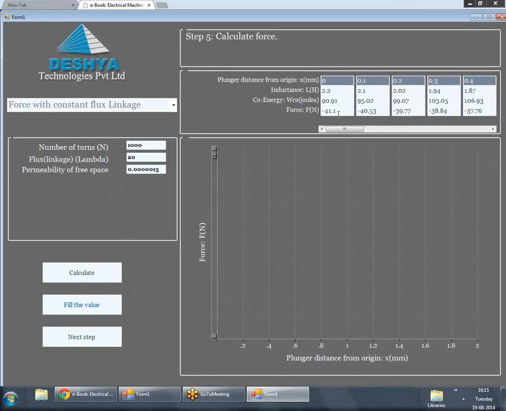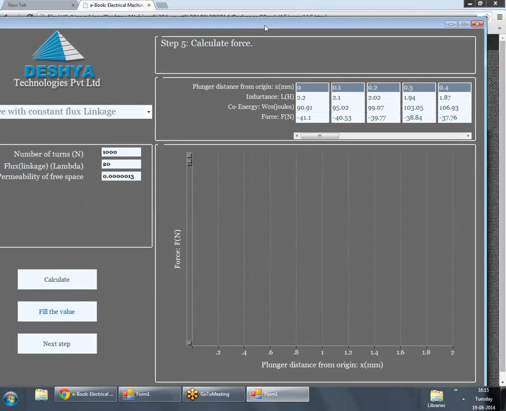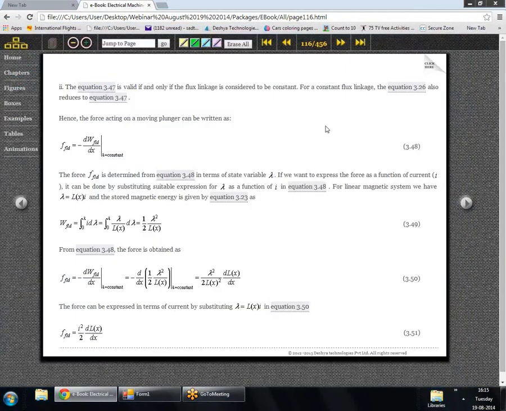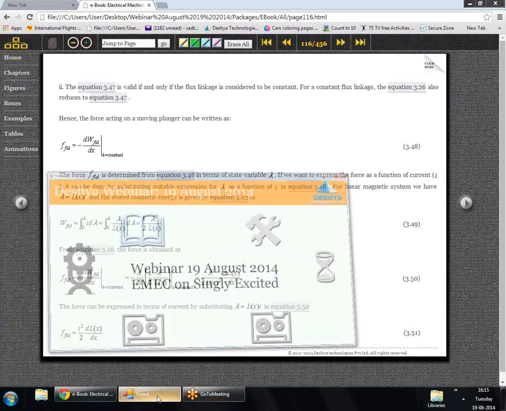So force as a function of the position of the plunger would be S-shaped, like the English alphabet S, in case of constant flux linkage motion, and in case of constant current motion, it would be kind of an exponential curve. The nature of the curve itself changes if you assume constant flux linkage motion or constant current motion. These are some of the exercises which are also available with the entire material.